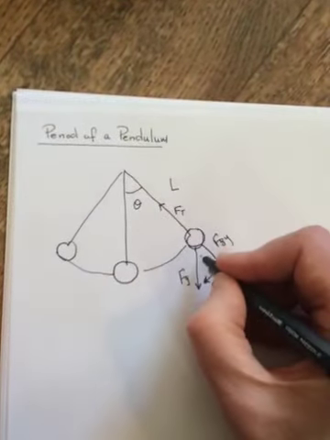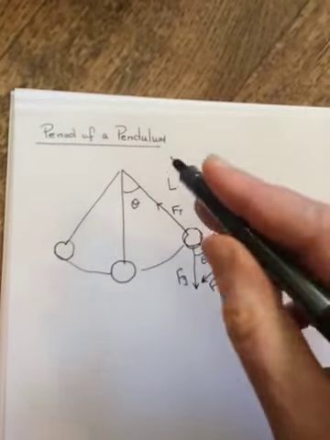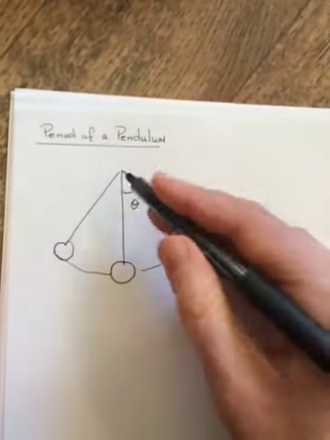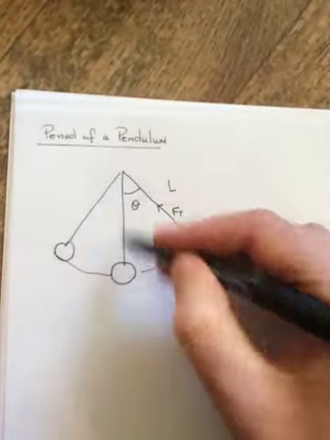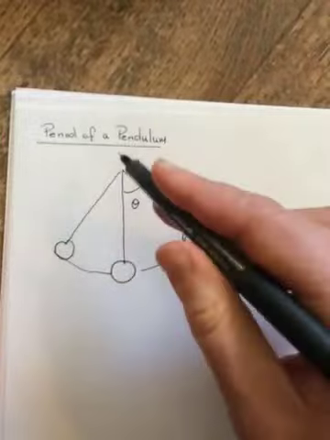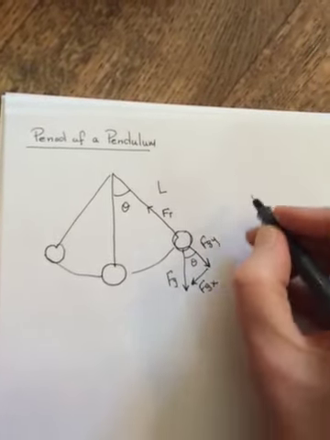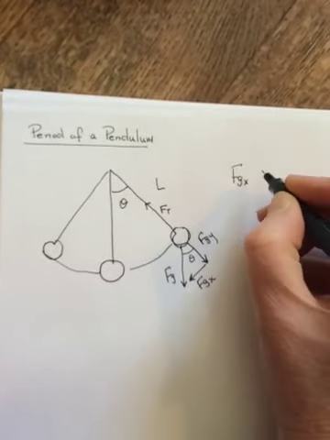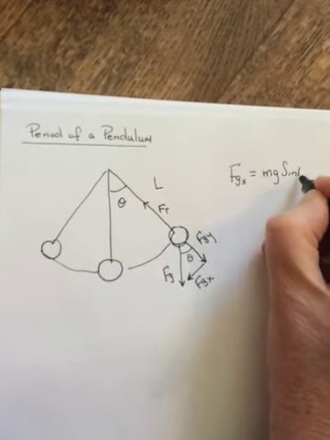This theta and this theta would be the same because they're parallel lines. These two lines coming straight down are parallel, and this line is the same, so the two thetas have to be the same. So Fgx is the opposite side of this little triangle, so it's going to be mg sine theta.